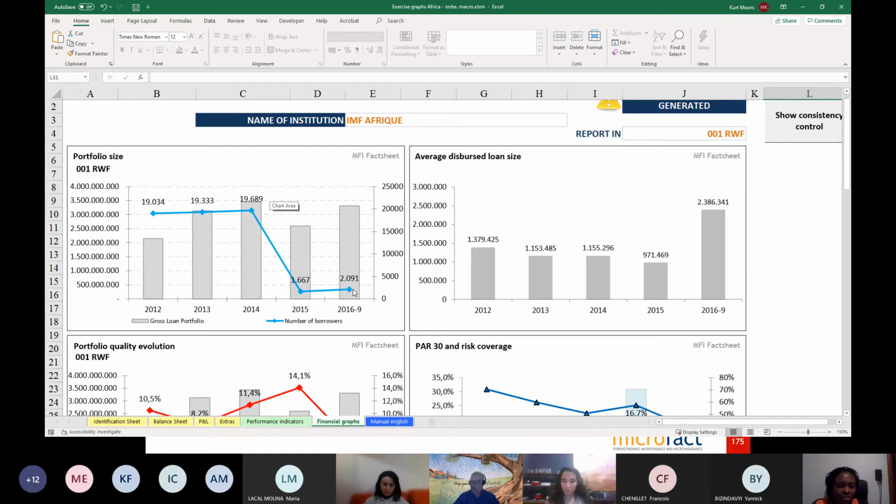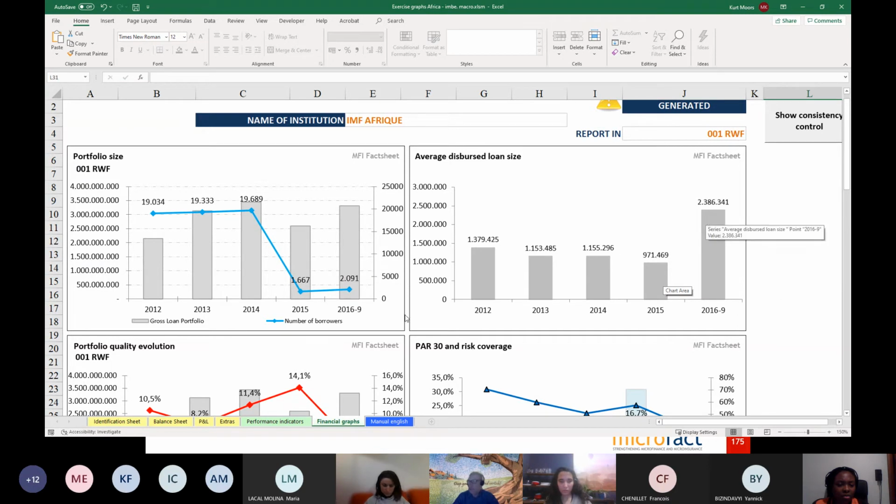But you see, when you change that kind of definition, it's quite difficult for you to make an analysis of your organization. And the average loan suddenly seems to be multiplied by 2, 3, 4 times, but it's just because here they were calculating the group loans, and here they were still calculating on the individual basis, looking at the individual members within the group.